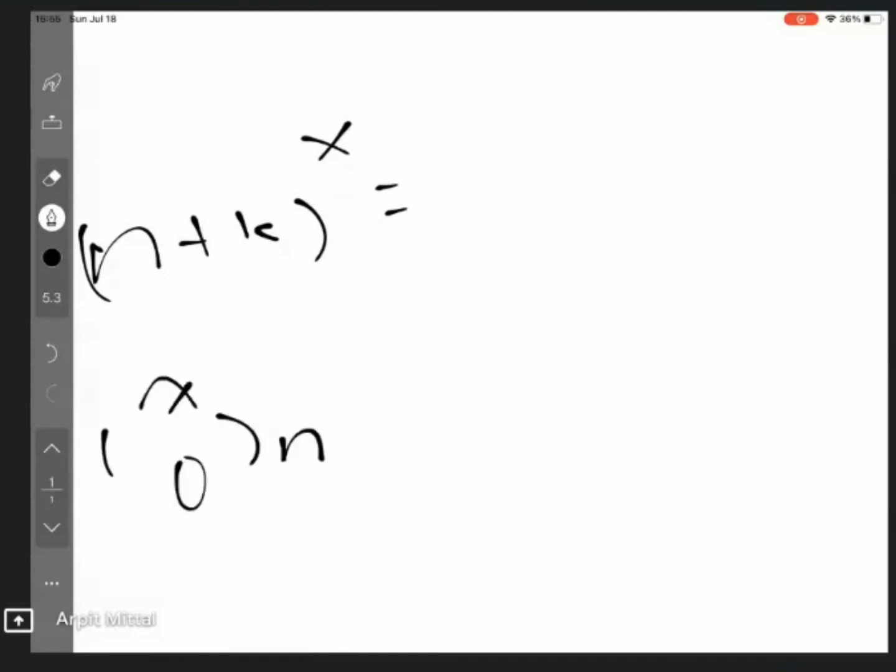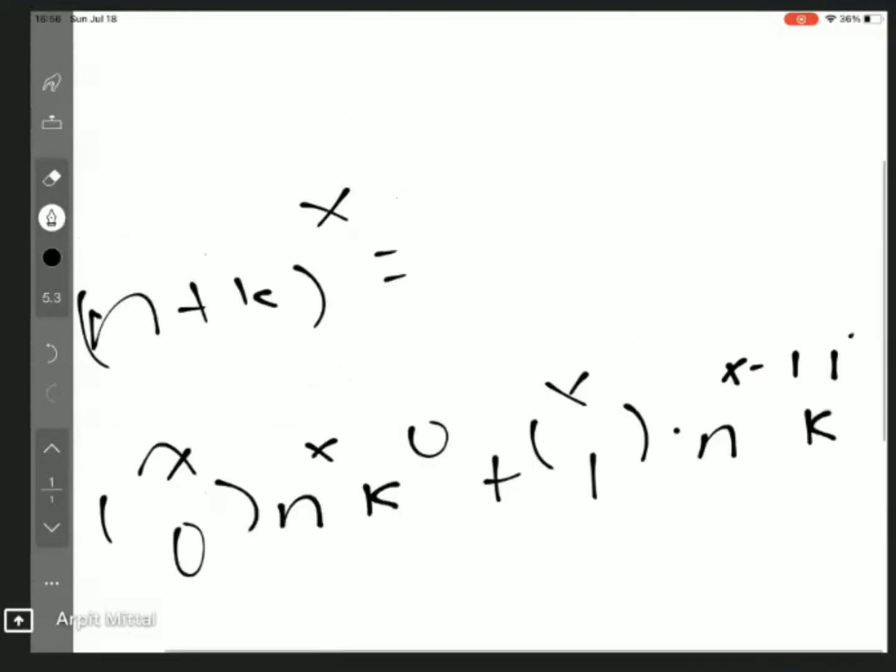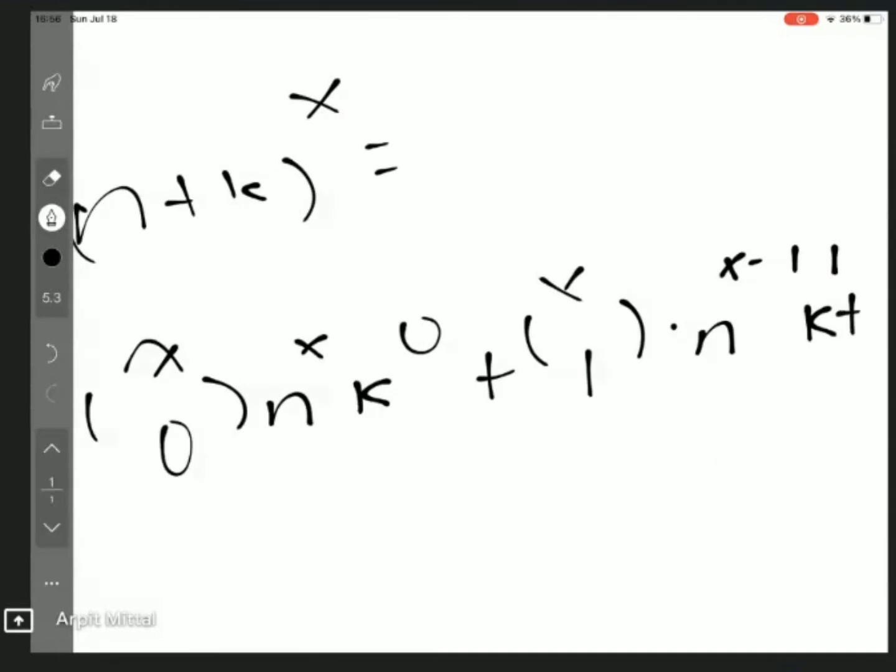It says that n plus k to the power x is equal to x choose 0, n to the power x, k to the power 0, plus x choose 1 times n to the power x minus 1, k to the power 1, and then keep adding until we have x choose x times n to the power 0, k to the power x.